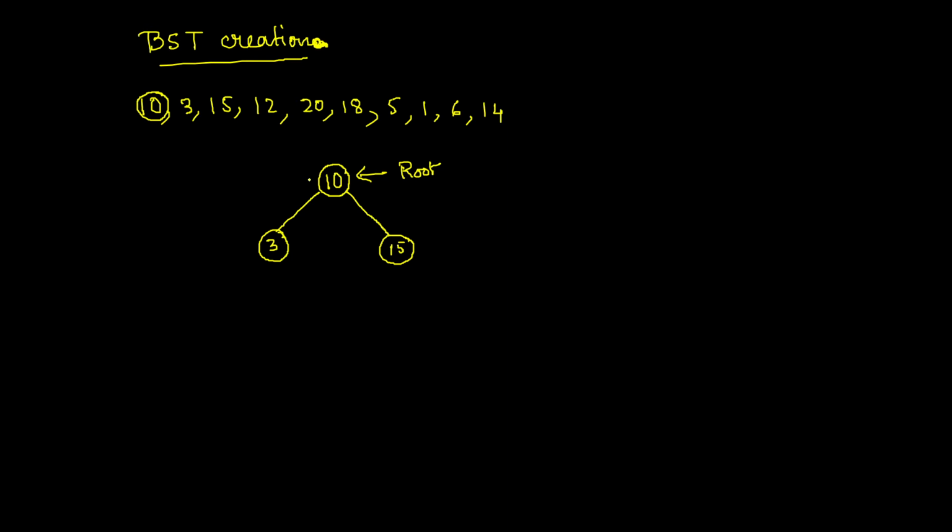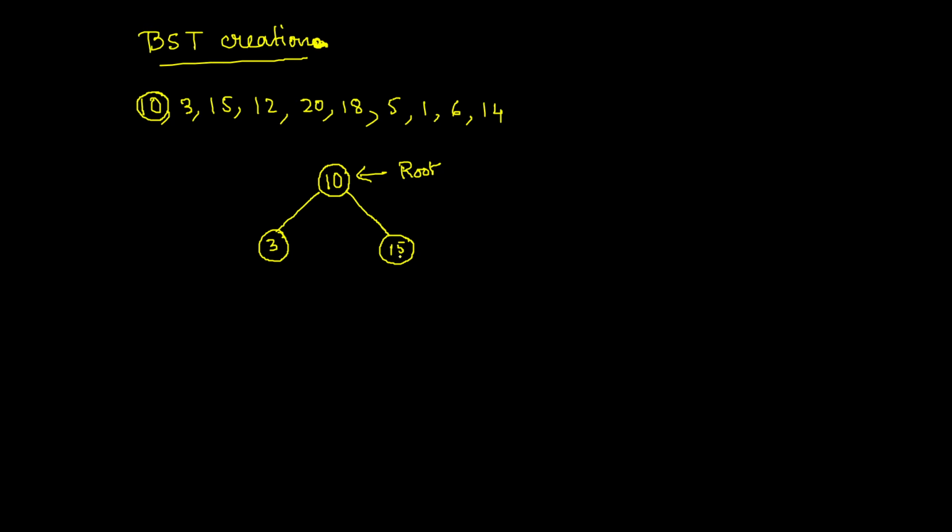Since there is a subtree, we have to move to the right side first, and then with the root of the right subtree, we can do the checking again. In the right subtree of 10, we have only one node, which is the root of the right subtree. So when I go right once, I find 15.